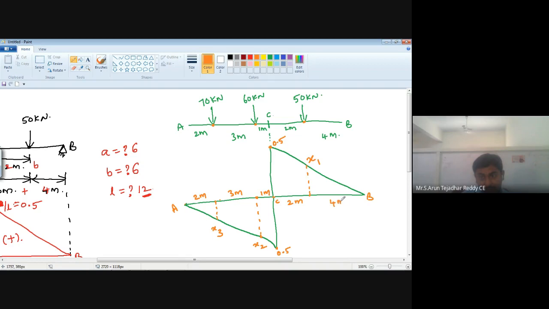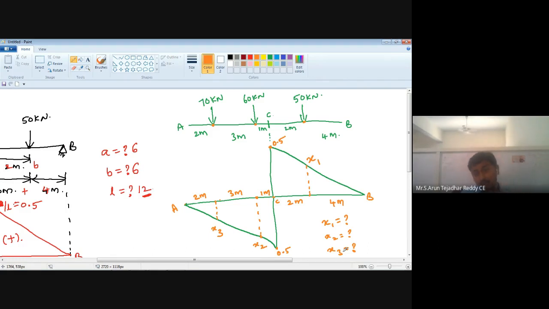Finally it is 4 meter. Just listen carefully, very easy concept. Now find out ordinate values. So what are the ordinates here? x1 is unknown, x2 is unknown, x3 is unknown. That's it. Find out these three ordinates.